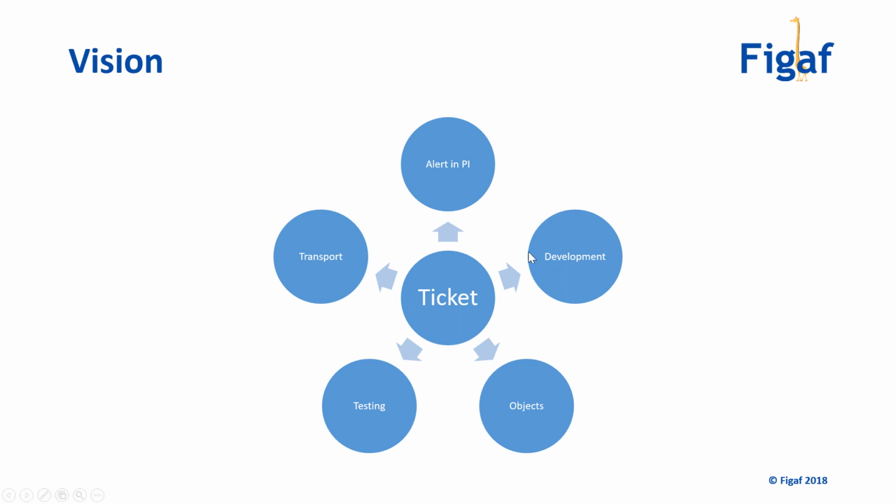Then you want to do your development, change your mapping and modules, whatever is needed to solve the issue. Or you can create the ticket based on a business requirement and do development directly. Then you want to assign these different objects to the ticket. Once you have defined your objects, we are able to calculate the different affected objects.